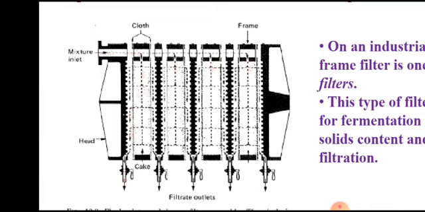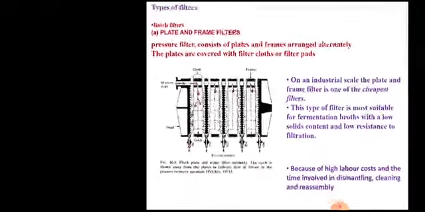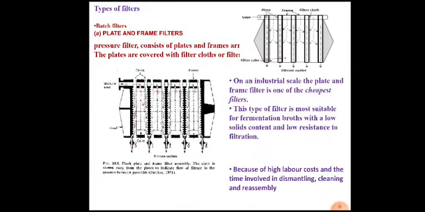So the filter cake will develop within the frame, and the filtrate will leave the frame. It will pass through this cloth and enter into the plate, where there is a channel. From this channel the filtrate is collected from the filtrate outlets. This is how this plate frame filter works.